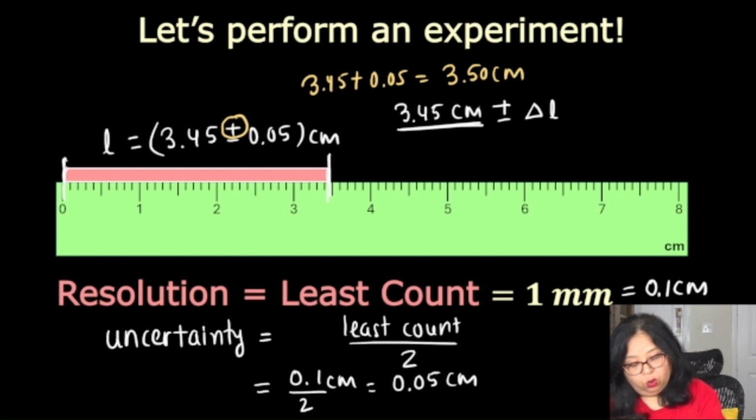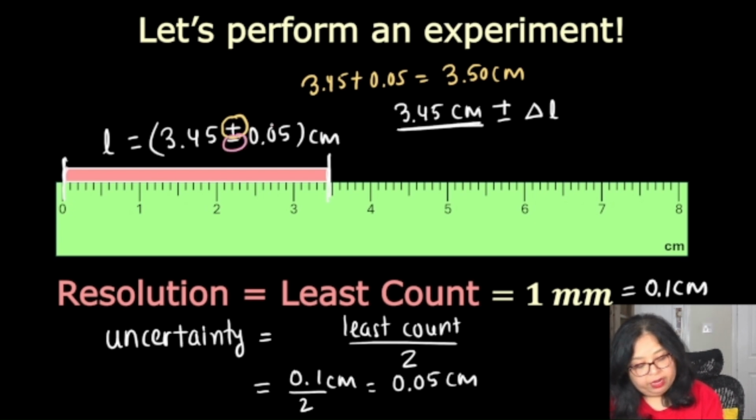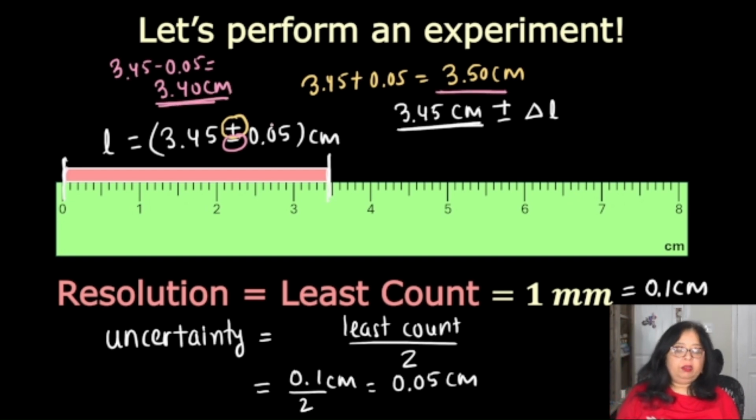And to get the lowest value, you choose this negative sign and you get 3.45 minus 0.05 equals 3.40 centimeters. So all we can say is that the actual value lies somewhere between 3.40 and 3.50 centimeters. Where exactly it lies, we don't know.